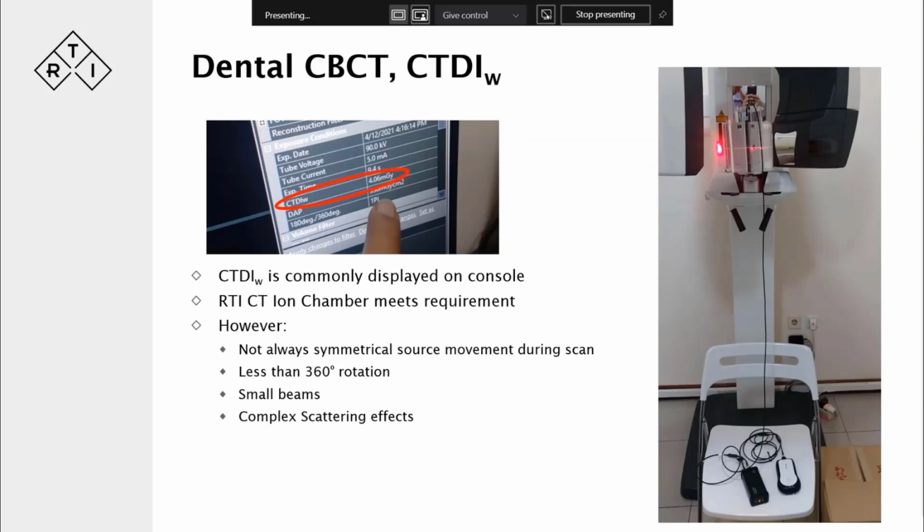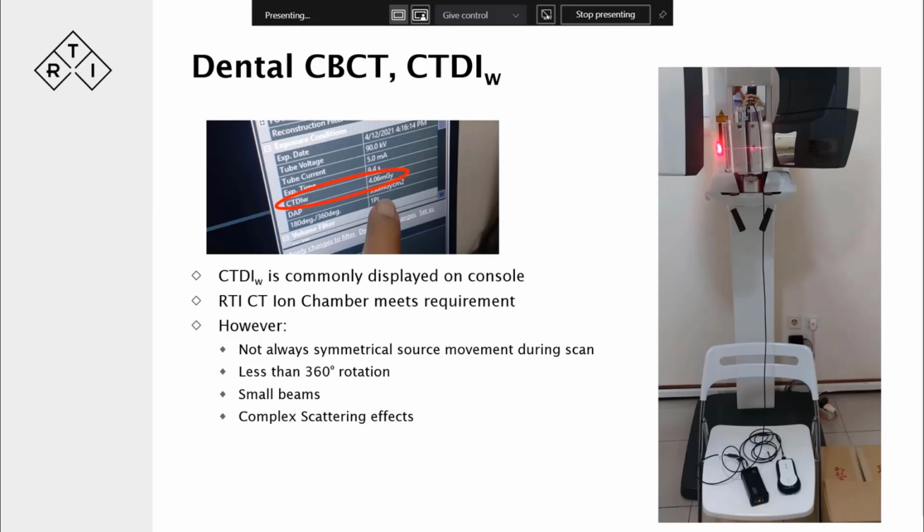One problem is that the movement during the scan is not always symmetrical, and it's not circular. There is a difficulty of finding reproducibility of the measurements due to that fact. The scans are typically less than 360 degrees, so there's not a full rotation of the tube, which again gives some challenges when it comes to reproducibility.